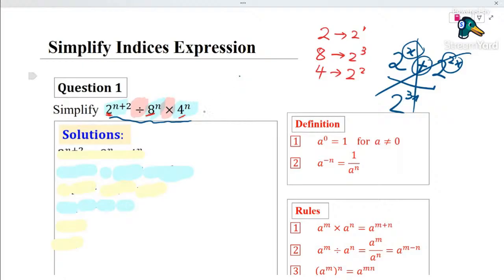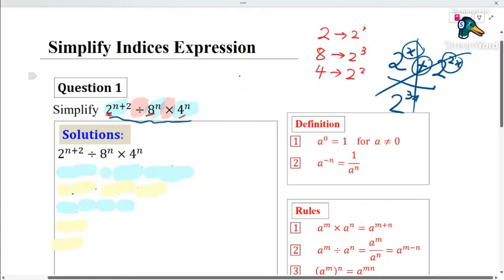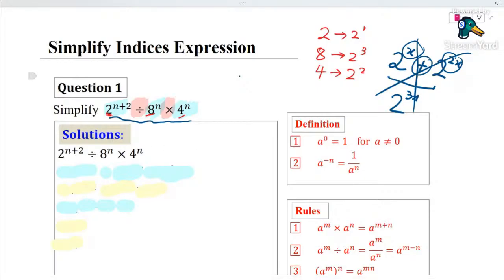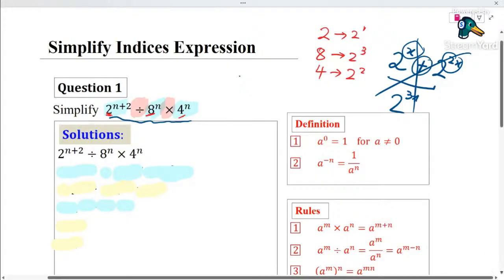Let's see the solution. First of all, I will copy back the whole expression, exactly the same as the question. Now, since the operations are multiply and divide, for sure I can make use of the rules of indices.